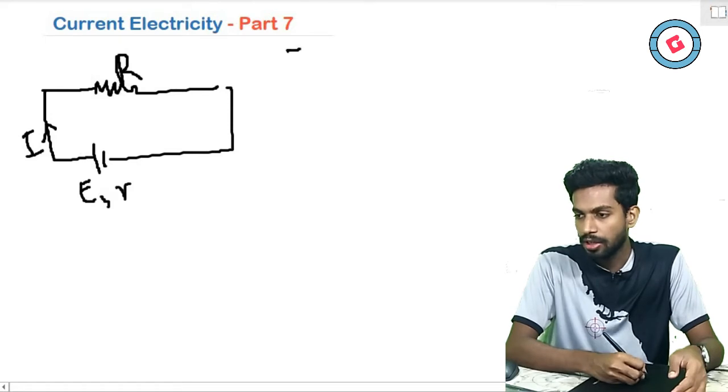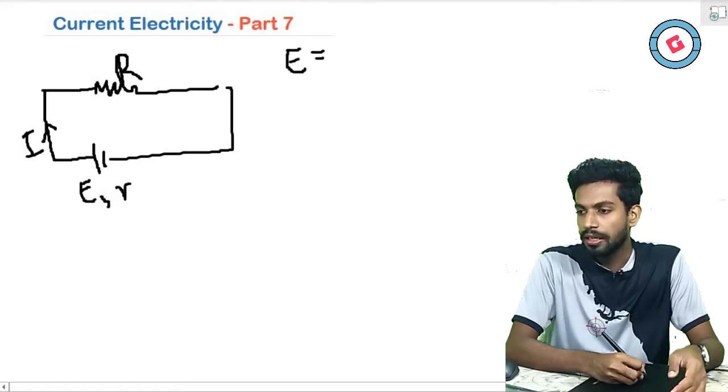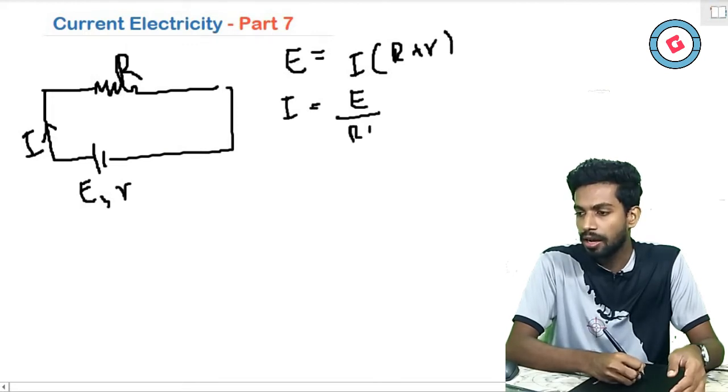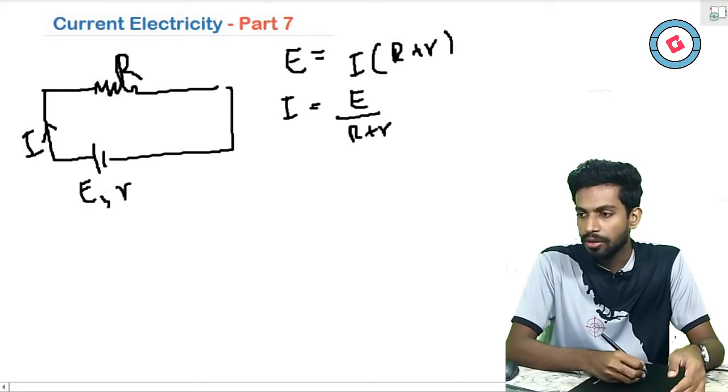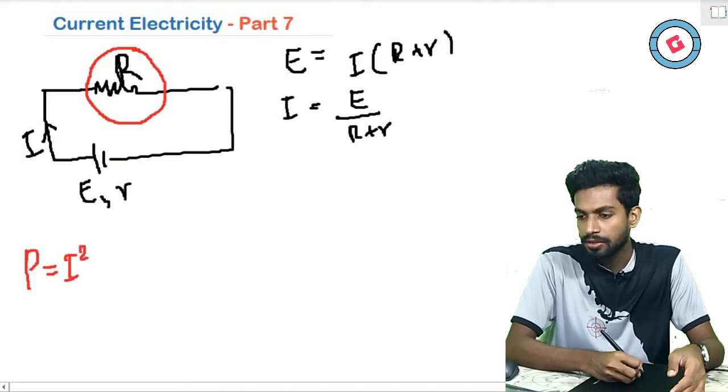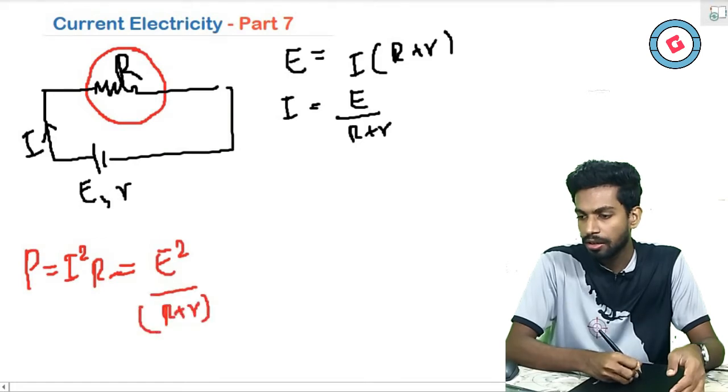So this is the current used by the electric cell, I. If we use Kirchhoff's law, E equals I times (R plus r), so that we can get the current is E by (R plus r). So the power dissipation from this resistor is P equals I squared R, as we talked before, and I squared is E squared by (R plus r) squared.